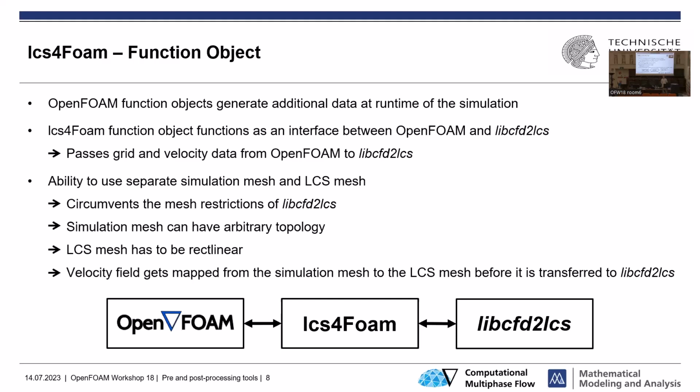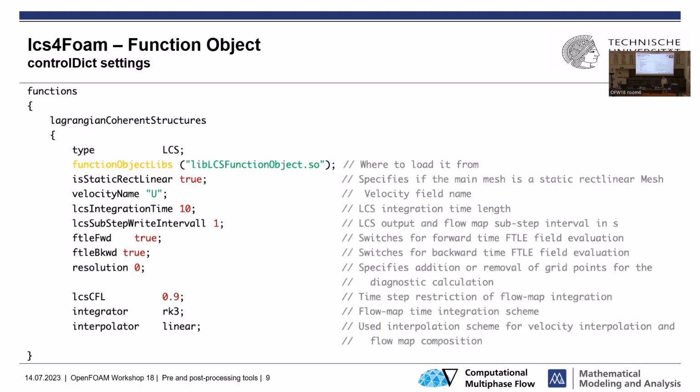If your CFD mesh or your simulation mesh is already rectilinear, you don't have to make another one at all. Also, you can use regions of overset meshes that are rectilinear. You can choose them to be your LCS mesh, but I will come to that at a later point.